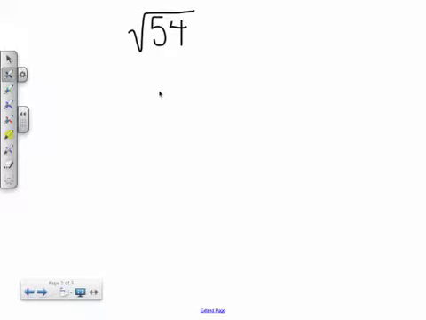So I'm going to simplify the square root of 54. It is not a perfect square. So what I'm going to do is make a list of all my perfect squares from 1 to 15 squared.